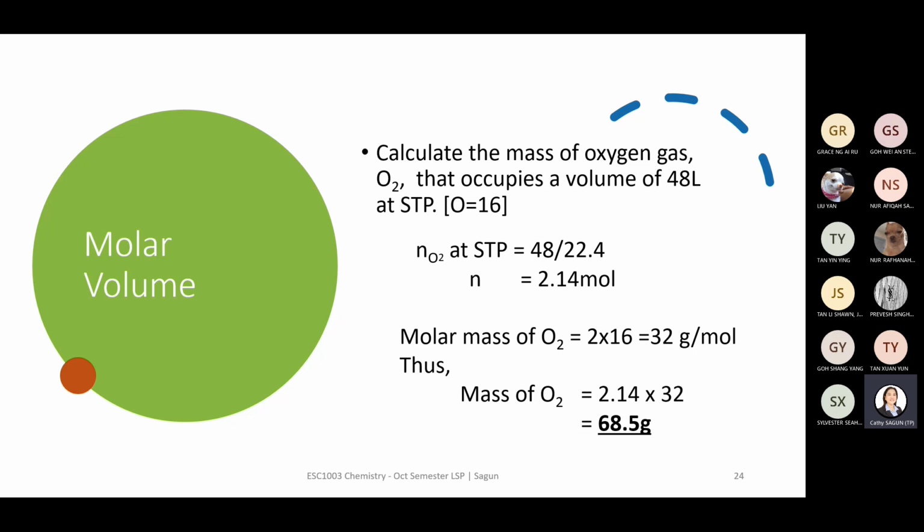So the mass of your oxygen, excuse me, will be 2.14 times 32, that is 68.5. Okay. Is it clear? Can we move to the next one?